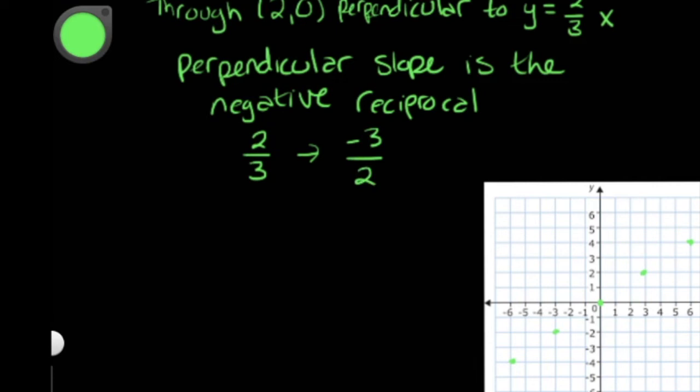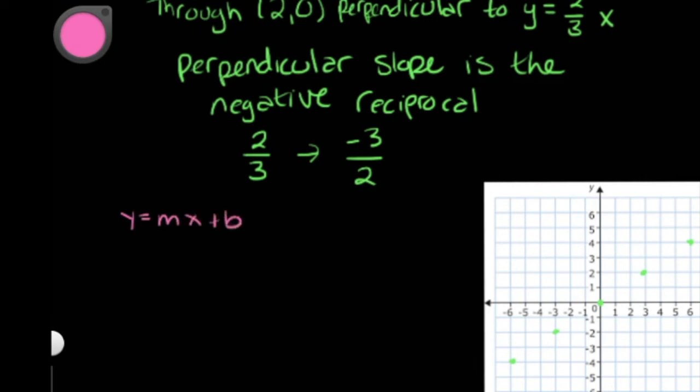So if we have this question here that it has a perpendicular slope and it goes through the point 2 and 0, we can figure out what our y-intercept is by plugging this information in. So again, the equation of the line is y equals mx plus b.